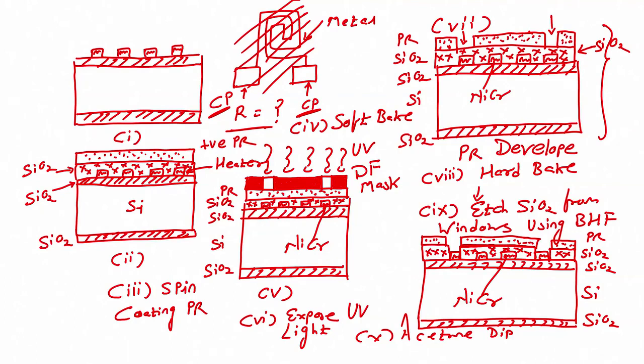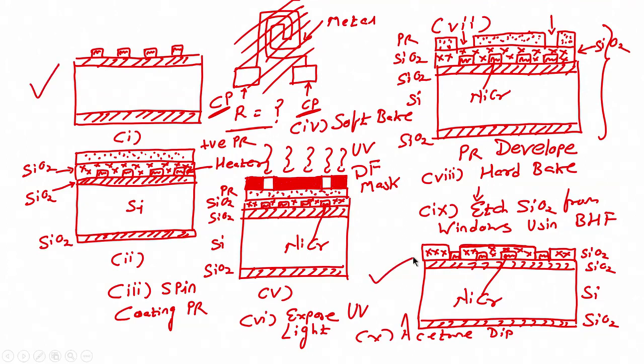So, if you strip off the photoresist, what will you have? I will draw here only. If you strip off the photoresist, you will have a wafer which looks like this, correct, and that is what we want. We started with this particular wafer.